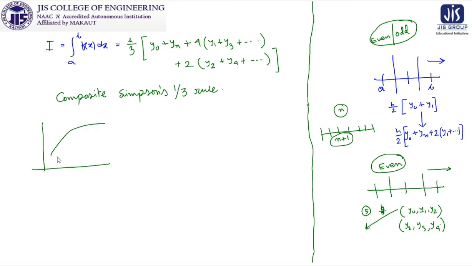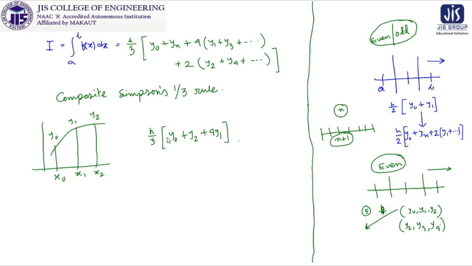Basically, if we have a curve like this, with x0, x1, x2 and accordingly y0, y1, y2, we get h by 3 times y0 plus y2 plus 4y1.